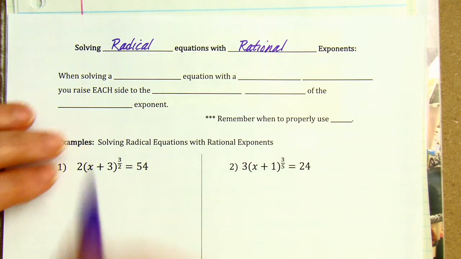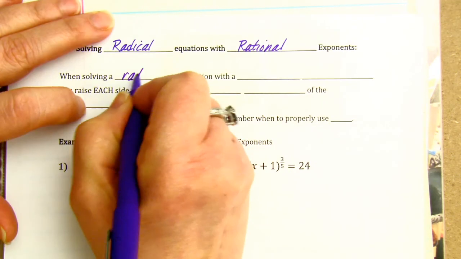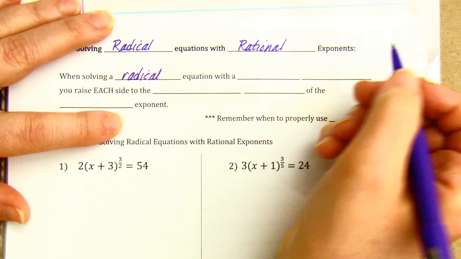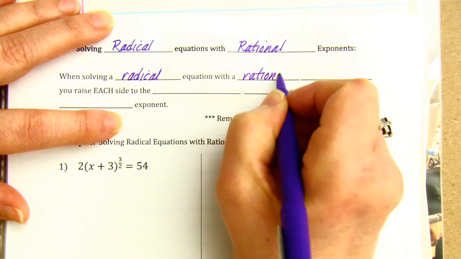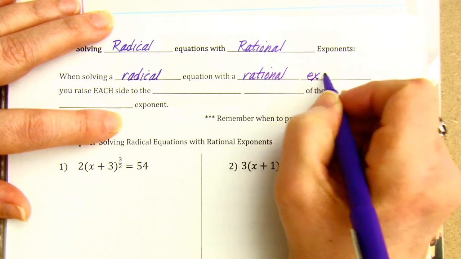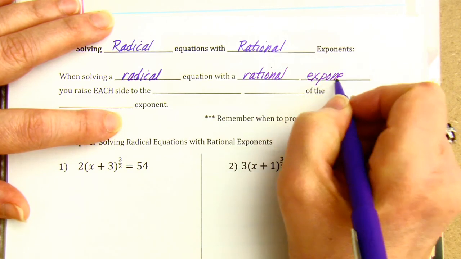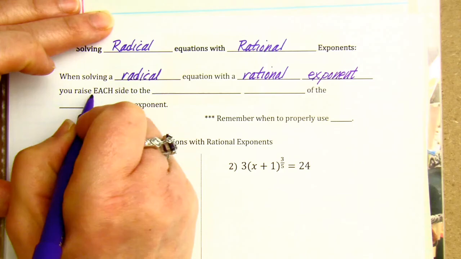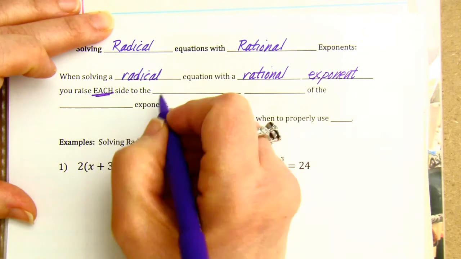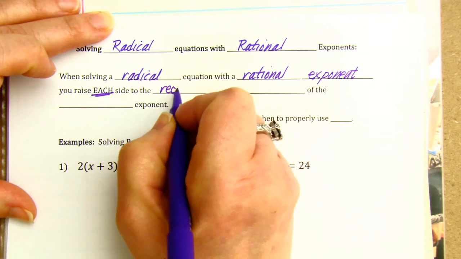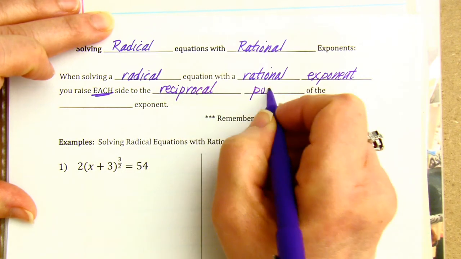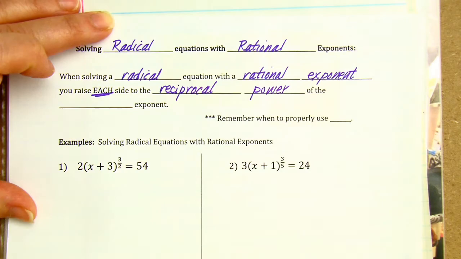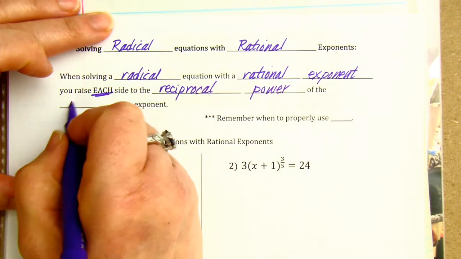When solving a radical equation with a rational exponent, you raise each side to the reciprocal power. And it's the reciprocal of that rational exponent.